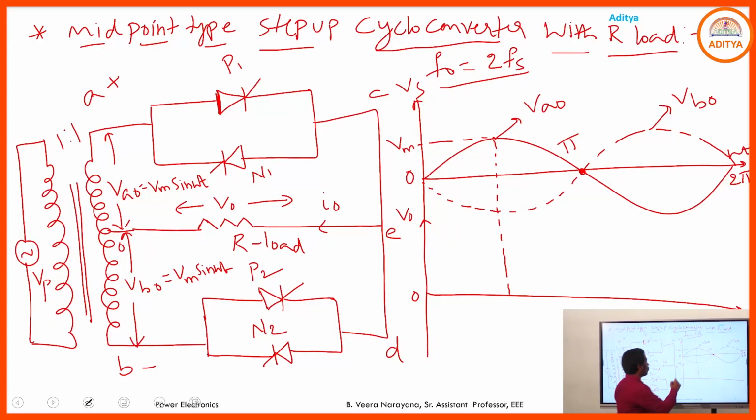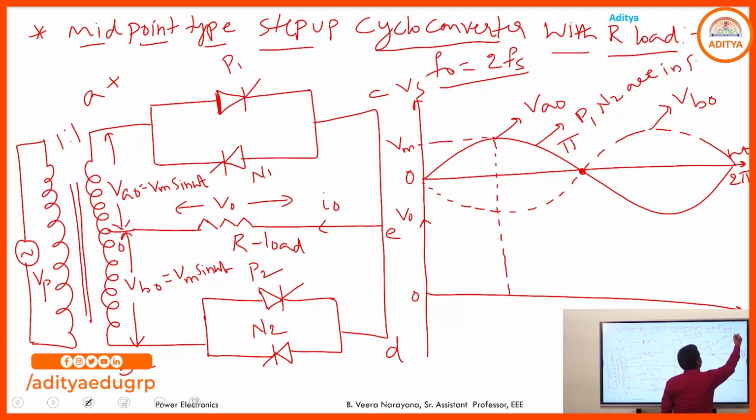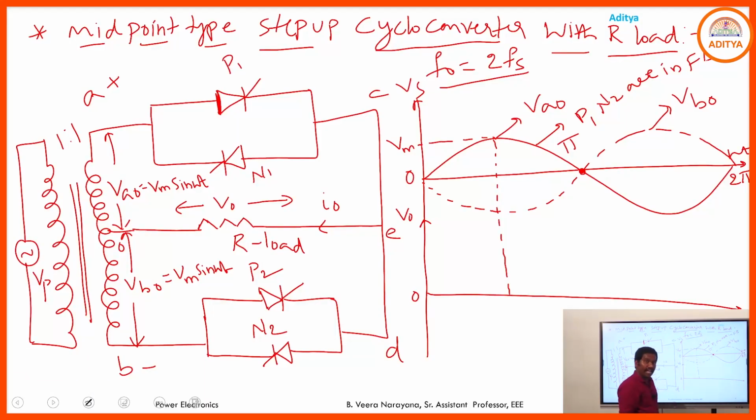So during this positive half cycle, P1 and N2 are in forward bias. At omega t equal to 0, we provide the gate pulse to P1. Then from 0 to pi, P1 will be in the on state.